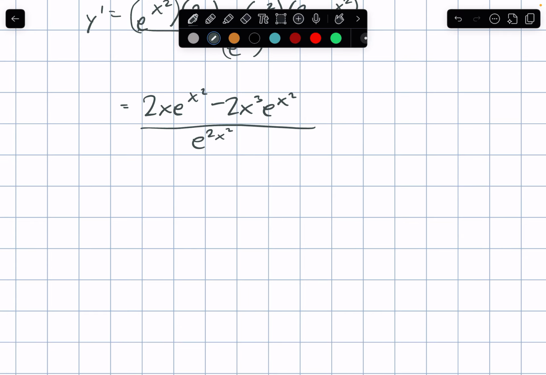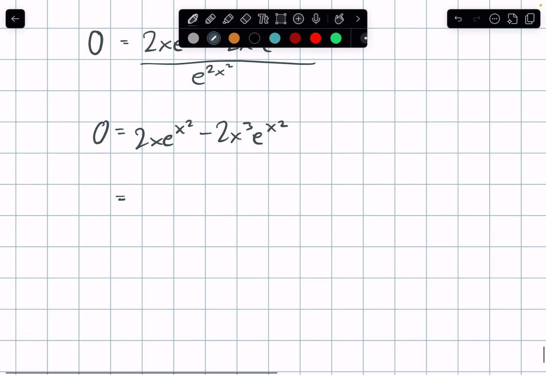Then we equate to 0. We try to find x. I think we can factor something.